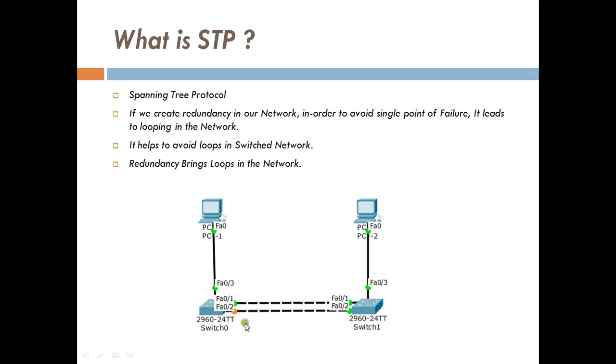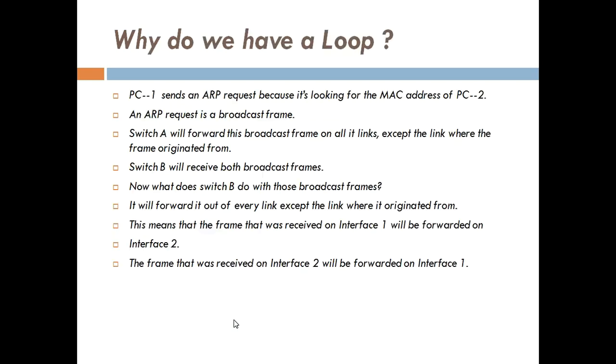Again, whatever information is getting into this goes here, and this information will get into this. This will create a loop in the network. It will loop forever, since the Ethernet frame doesn't have any time-to-live field, so it will keep looping in the switches themselves. In order to overcome this loop, we have a protocol, the Spanning Tree Protocol, which helps to avoid loops in the network.